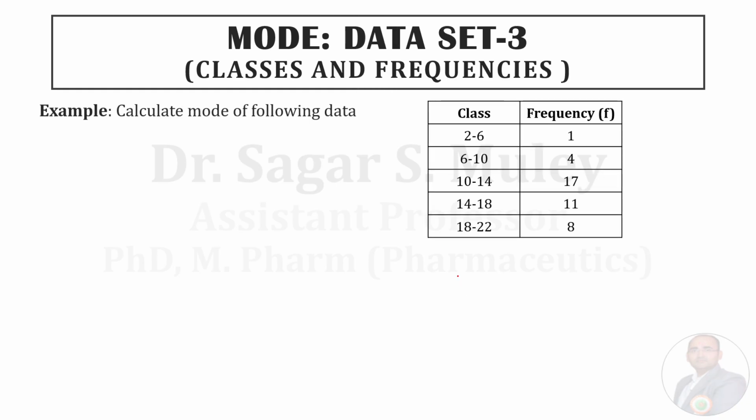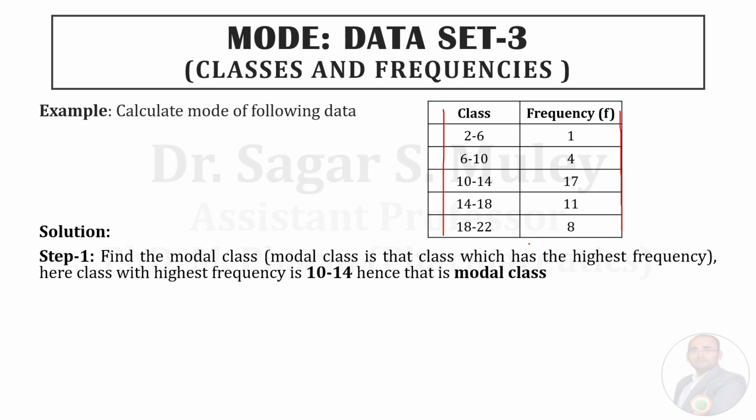Here is the example in which classes and their respective frequencies are given. We will solve this problem step by step. The first step is to find the modal class, which is very simple. You just have to look for that class which has the highest frequency.